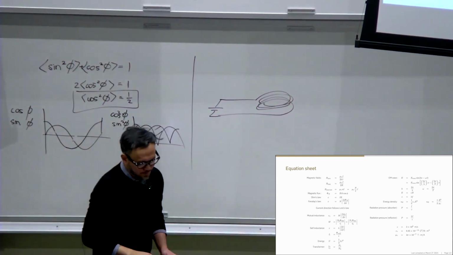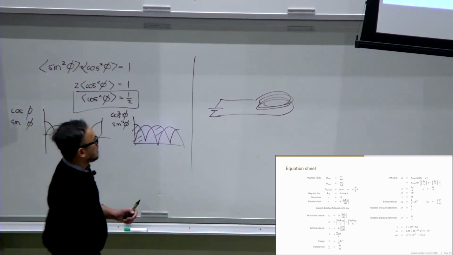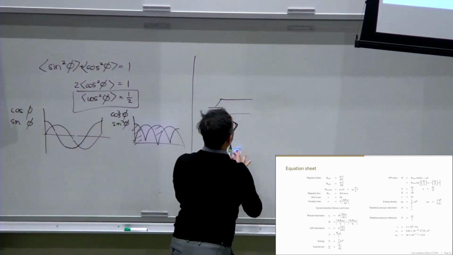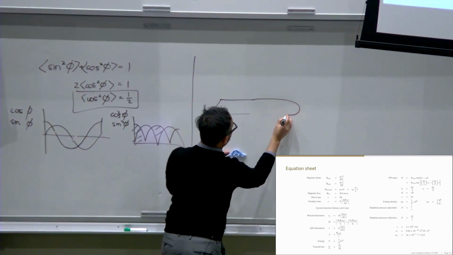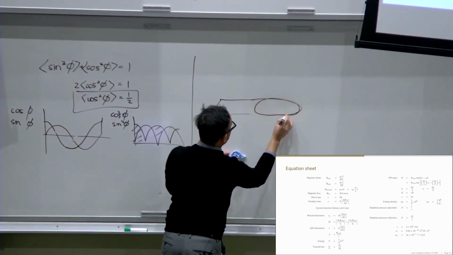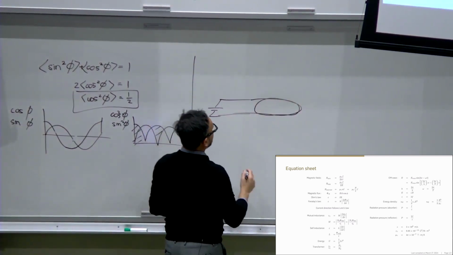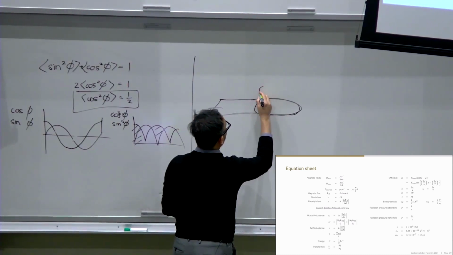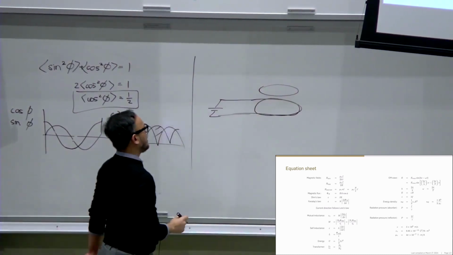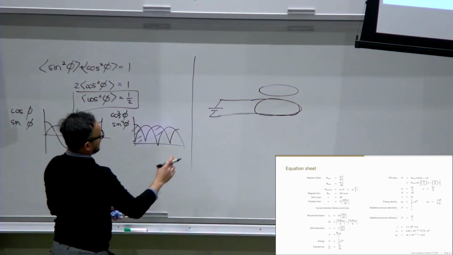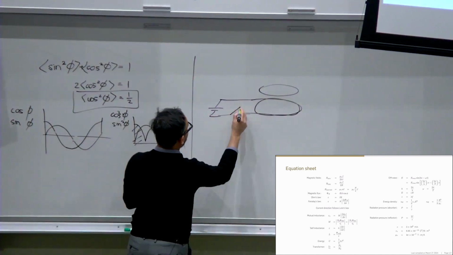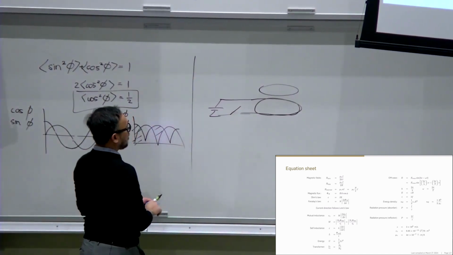So there is a coil. And then I put another coil here in free space. And then I may ask, what happens if I close the switch?